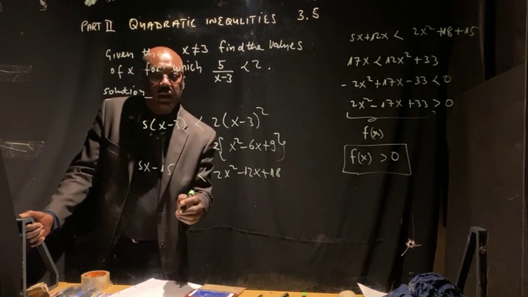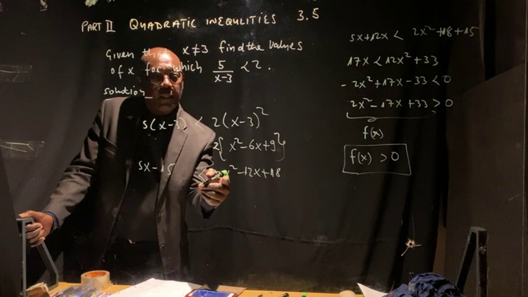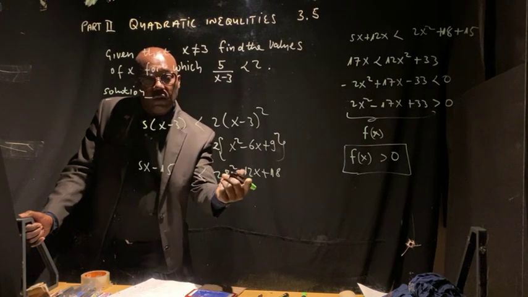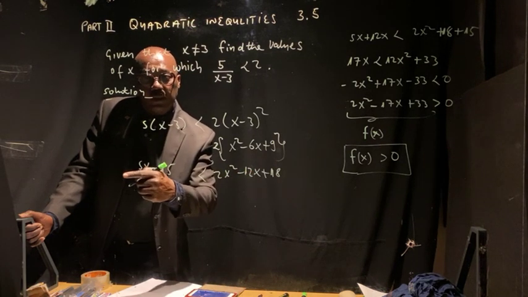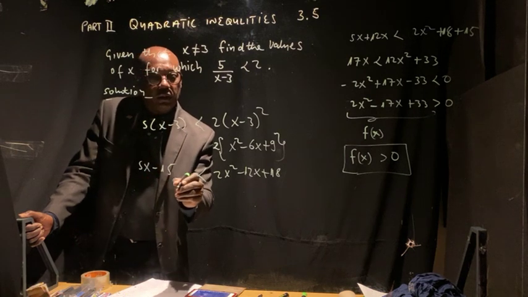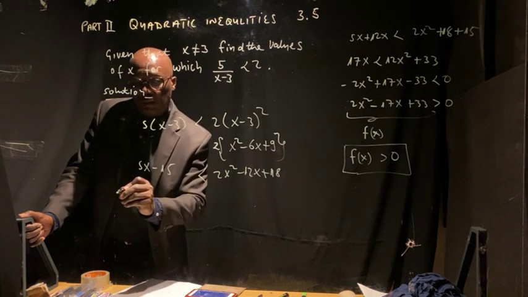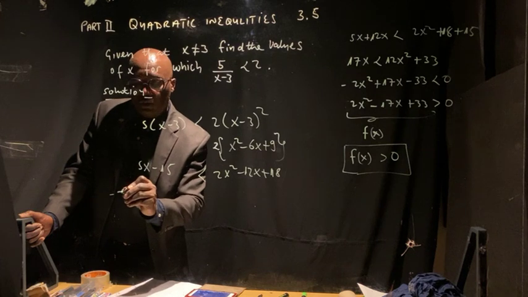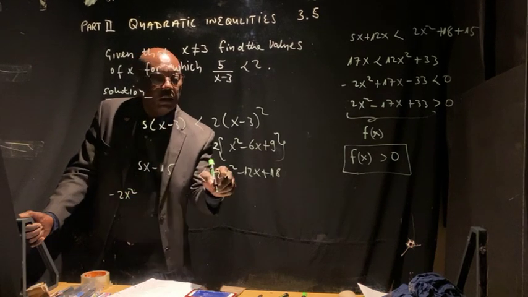In that case, we are bringing everything to this side, so it becomes minus 2x squared, which is this one.